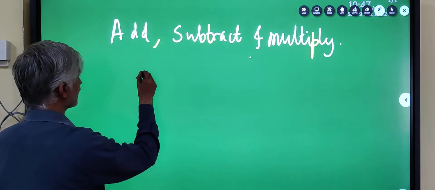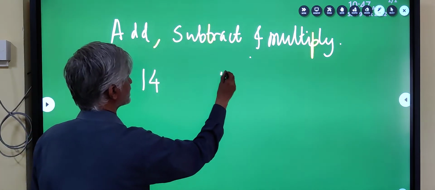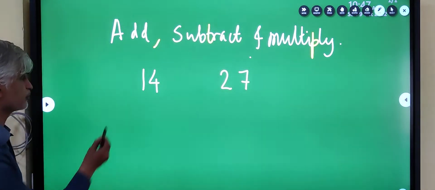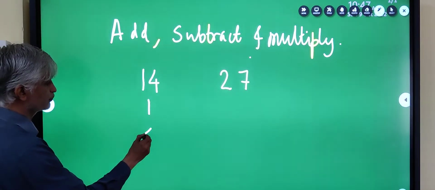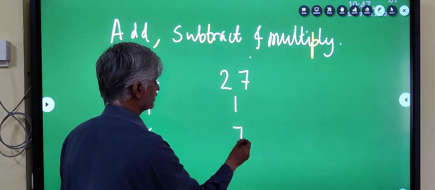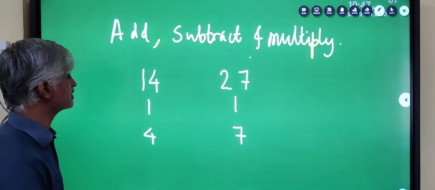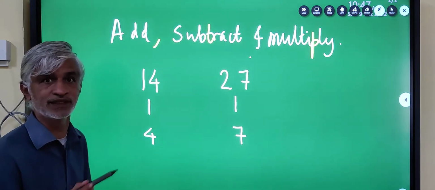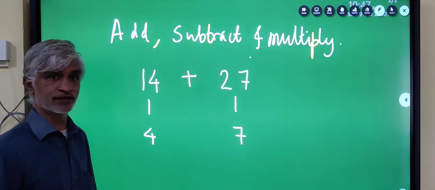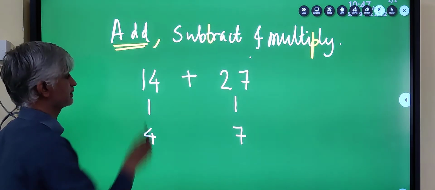So let's say we have two numbers, 14 and 27. Now 14 gives a remainder of 4 and 27 gives a remainder of 7 when you divide by 10. And suppose that we are interested in combinations of 14 and 27, like if you add them. Now the theorem says that you can actually directly add the remainders.